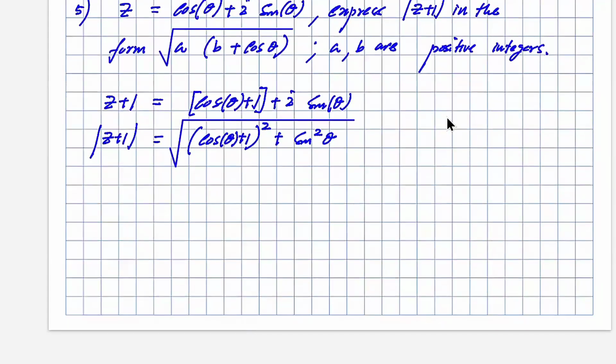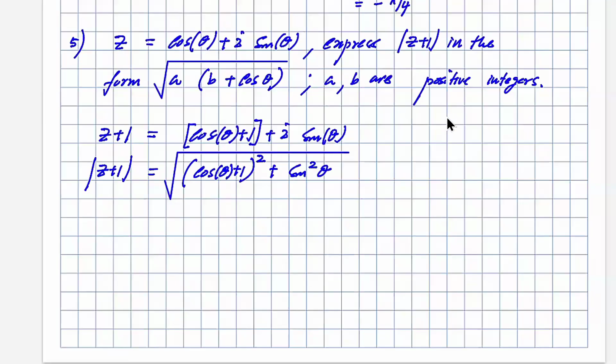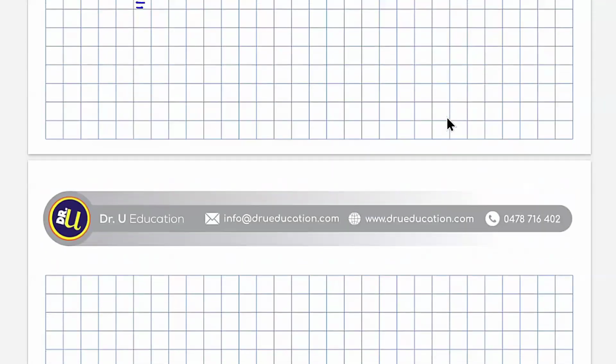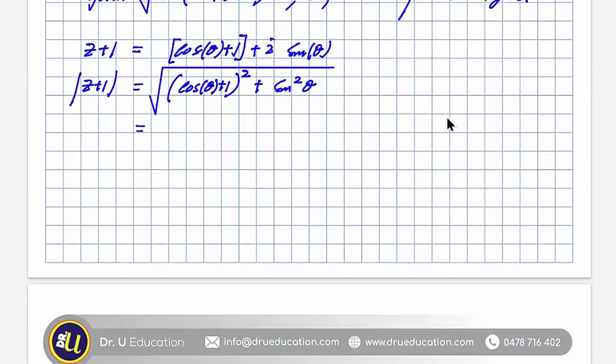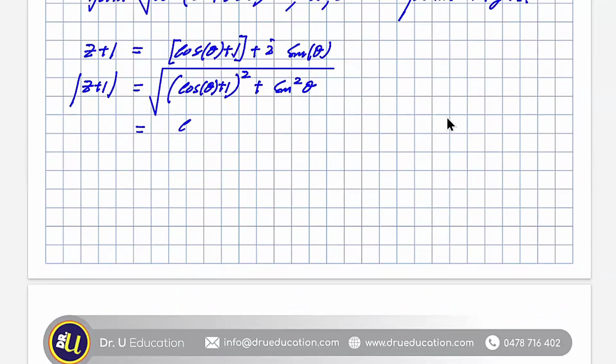So now you get cos² θ plus 1 plus 2 cos θ, plus sin² θ. Now you will understand why I have this and this, right?